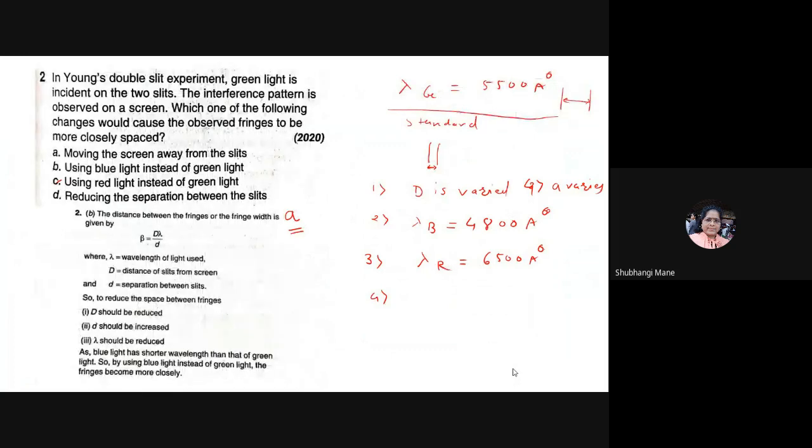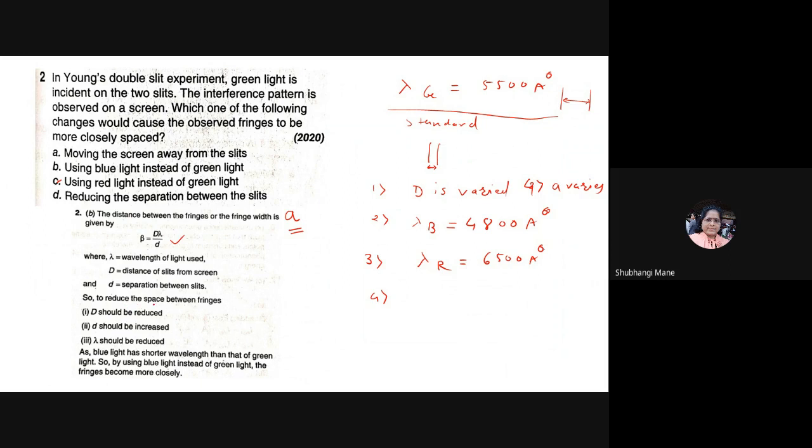What is the formula? Fringe width. This is the formula. We have seen this formula. That is the distance in between two successive fringes, either for dark band or for bright band. It is the same. D is the distance of slits from the screen, lambda is the wavelength of light, d is the separation between the slits.